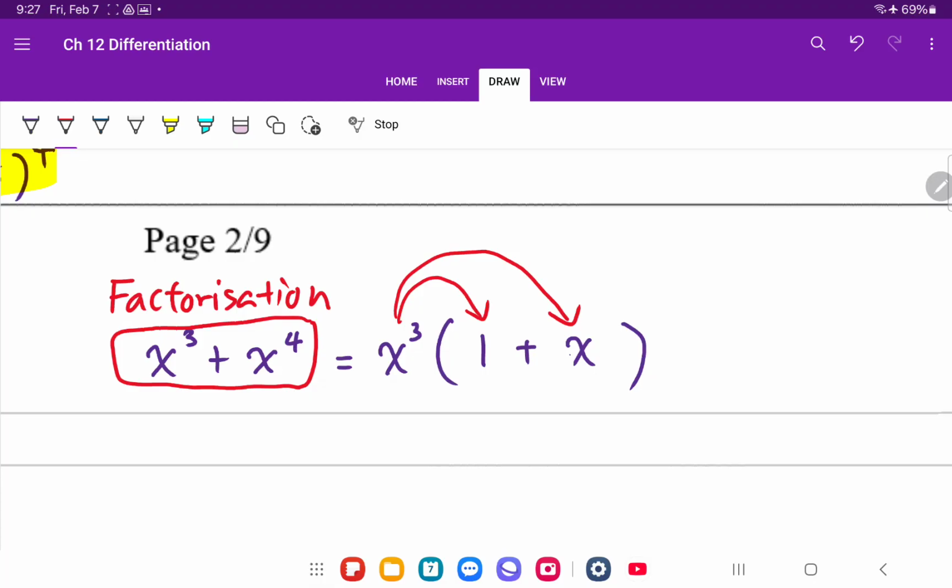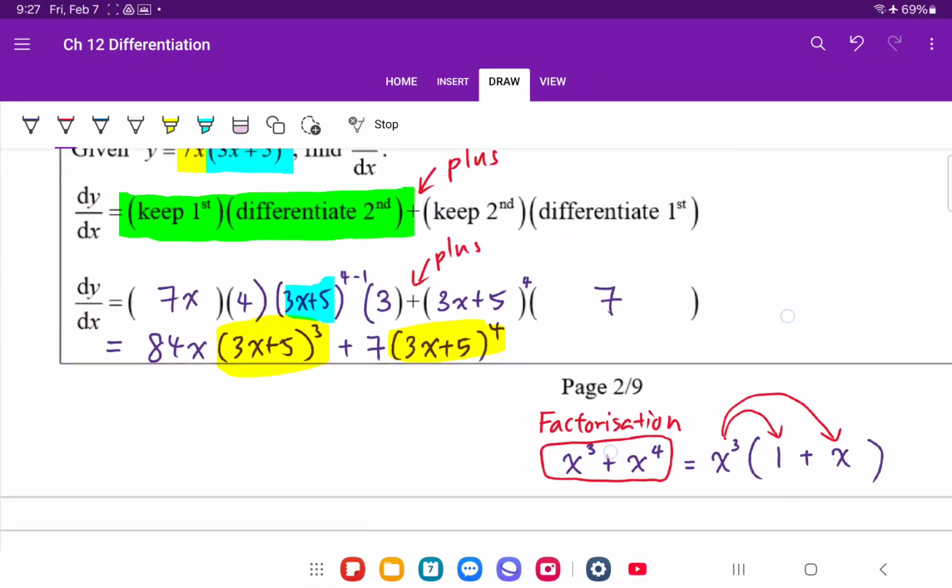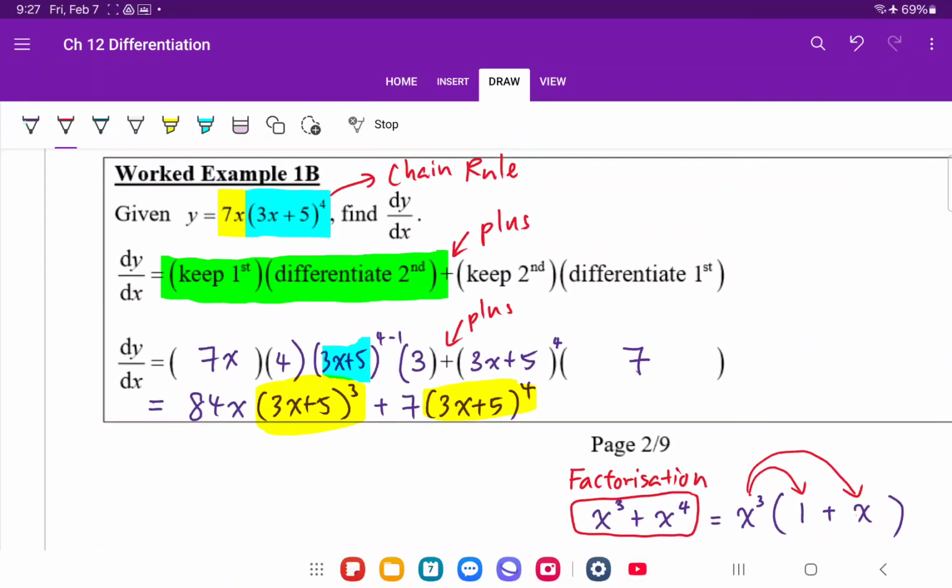So now we are going to repeat this process and factorize the highest common factor. In this case, it will be (3x + 5)^3. We are left with 84x on the first term and 7(3x + 5) on the second term. Okay, do take note of my choice of brackets. I'm going to use a square bracket now.